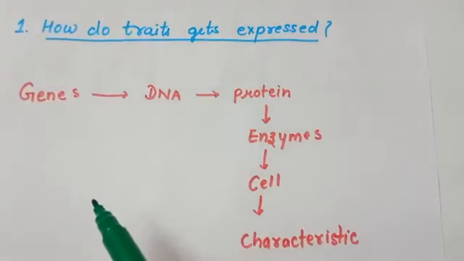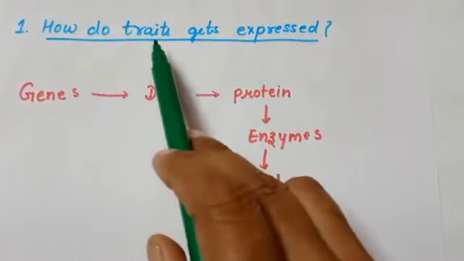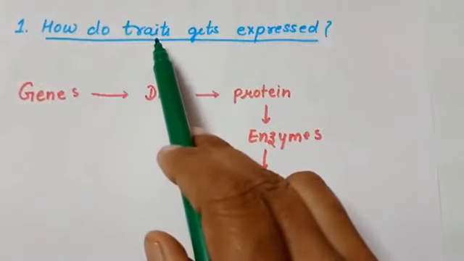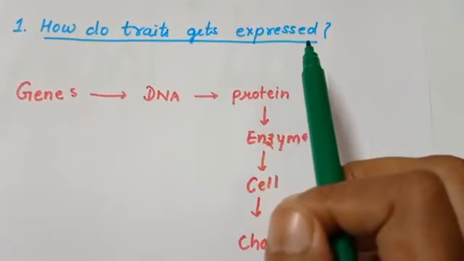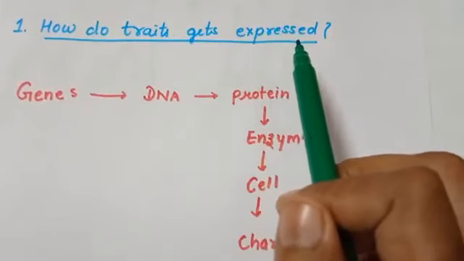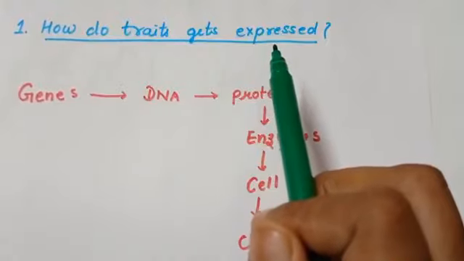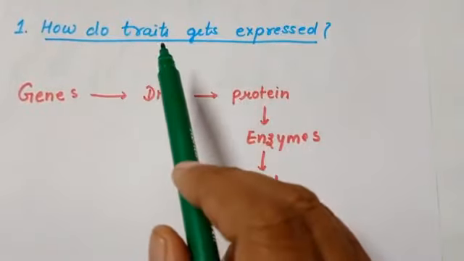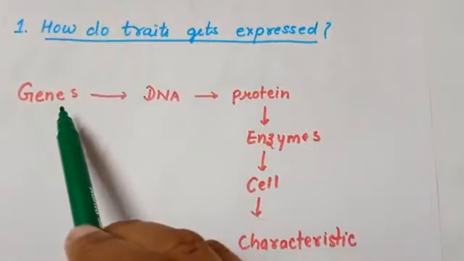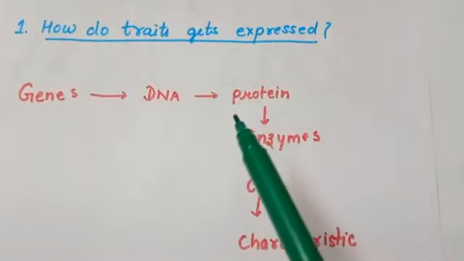So, our first topic is how traits, characteristics, get expressed in an organism. So, children, we all know that the traits are carried by the genes in the next progeny.